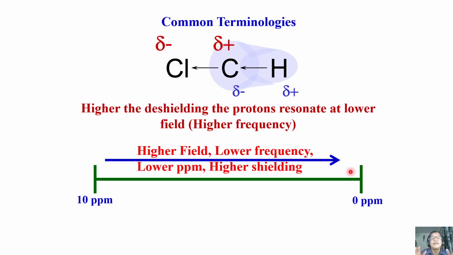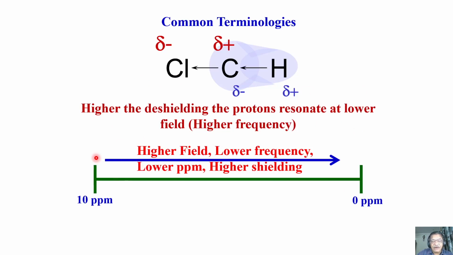If I say a proton is highly shielded, it comes close to this side, near 0 ppm or somewhere in this region. So if a peak is coming here, let us say chloroform is here, acetonitrile is here, that means the chloroform is less shielded than acetonitrile. So remember this point.